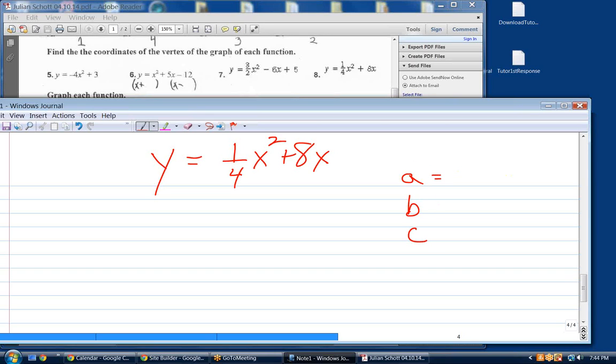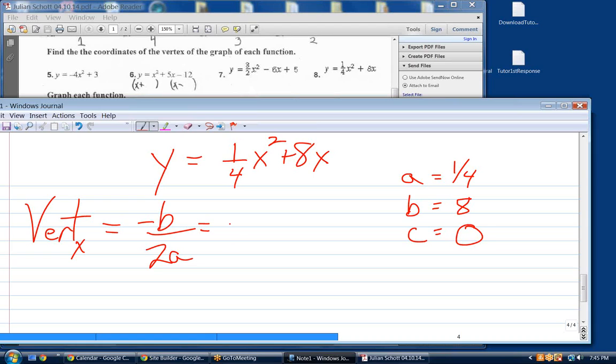Okay, A equals 1/4. What's B? B equals 8. And what is C? 0. Very good. So the vertex x-coordinate equals, general formula, minus B over 2A.